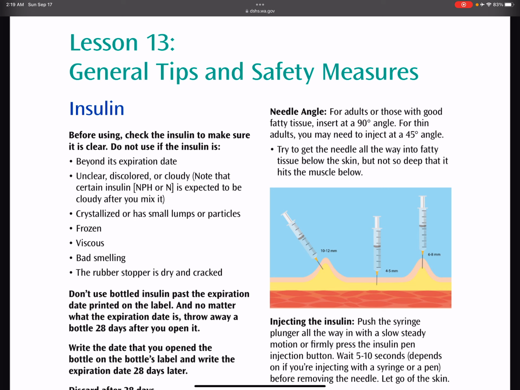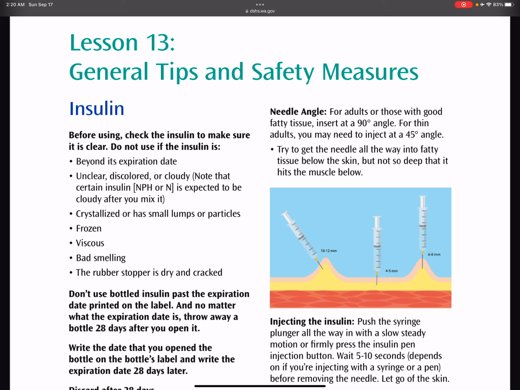Note that some insulin, like NPH, is expected to be cloudy after you mix it. So that's okay. Or do not use if the insulin has crystallized or has lumps or particles in it, or it's frozen, or bad smelling, or the rubber stopper is dry and cracked.